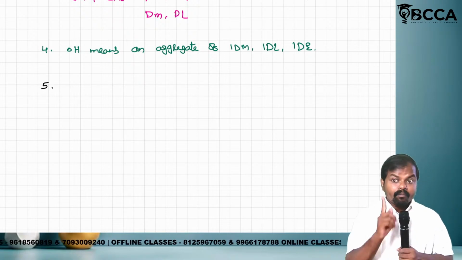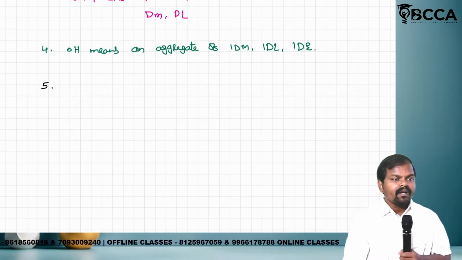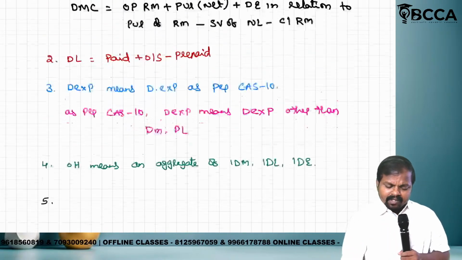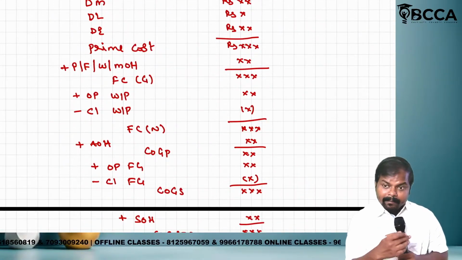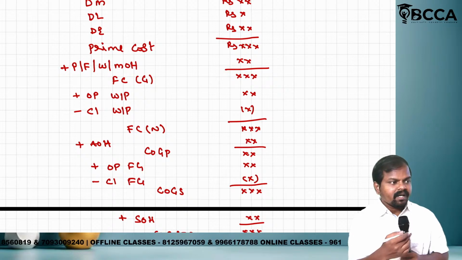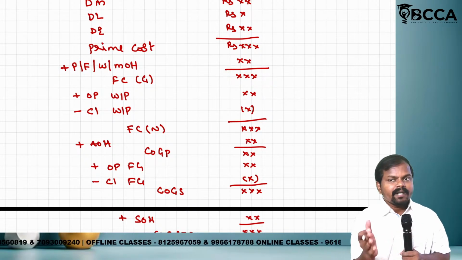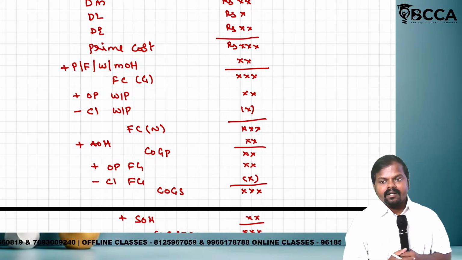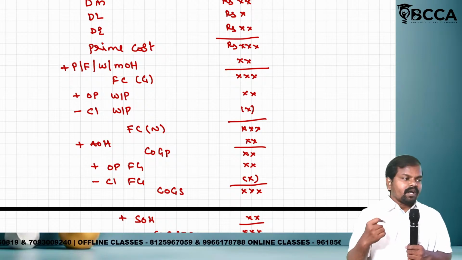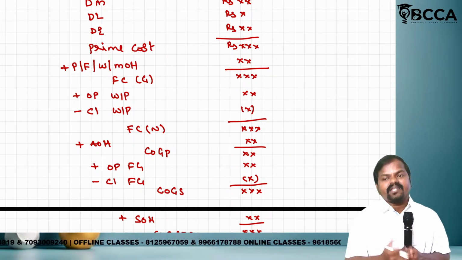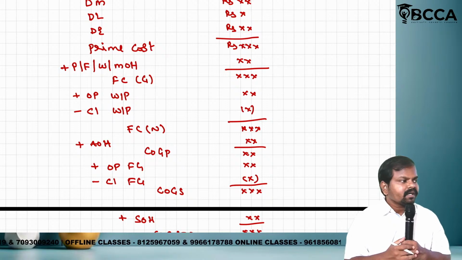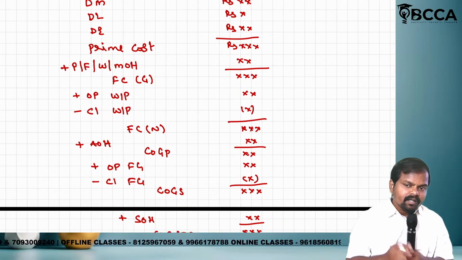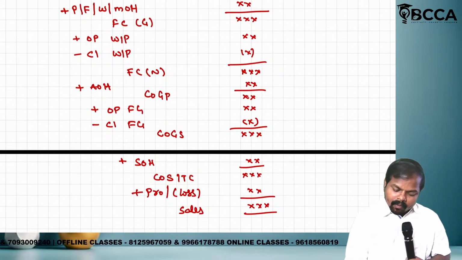Last important point, number 5. Most important. Listen carefully, ma. If you listen properly regarding point number 5, you can easily crack the important points relating to cost sheet problems. Otherwise, while solving the costing problem, so many confusions and so many questions will arise. What is the terminology, ma?